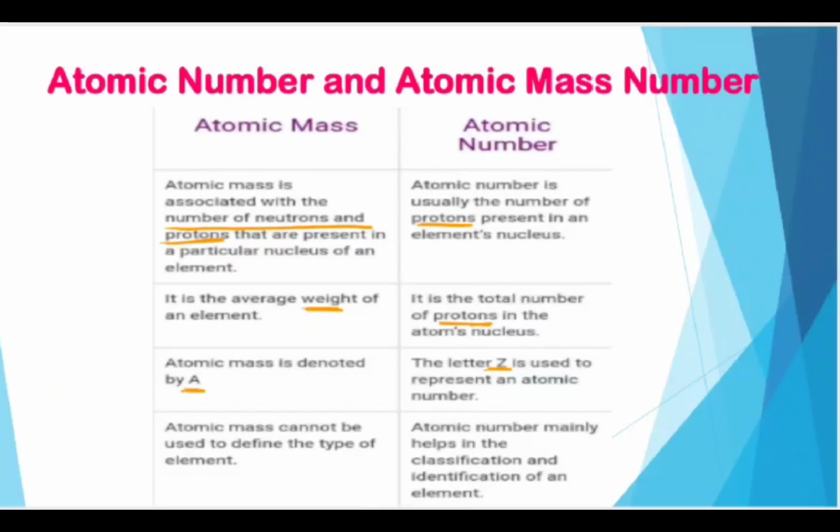Atomic mass cannot be used to define the element. Why? Because it has variations, it has its isotopes. Atomic number mainly helps in the classification and identification of elements. Alright, children.